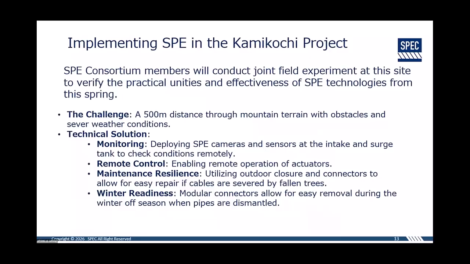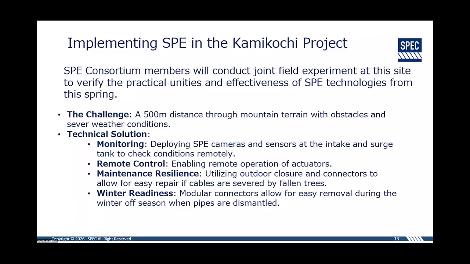We are planning to deploy SPE cameras and sensors at the intake and the surge tank to allow for remote monitoring. Because the cables are thin and modular, they can be easily repaired if severed by fallen trees or dismantled during the winter off-season.